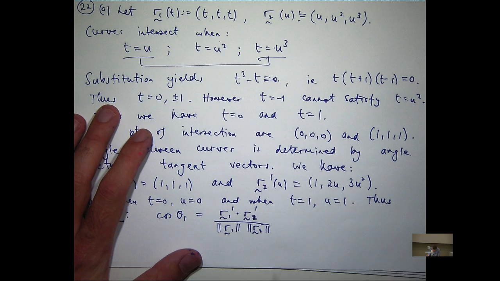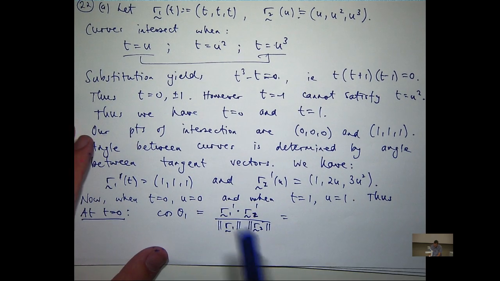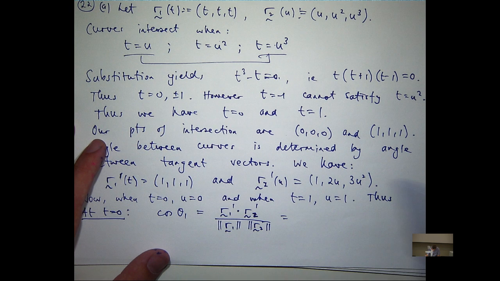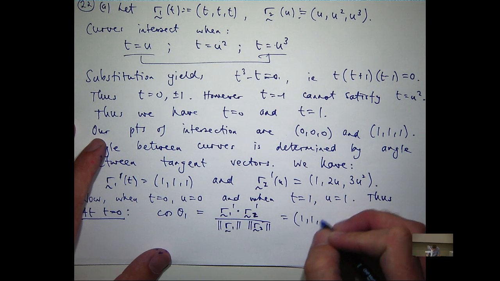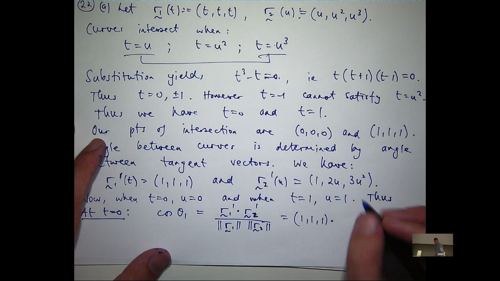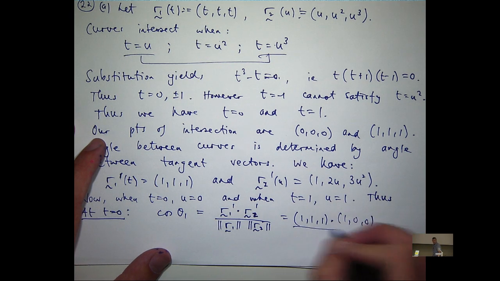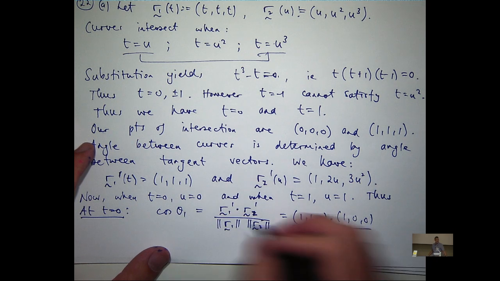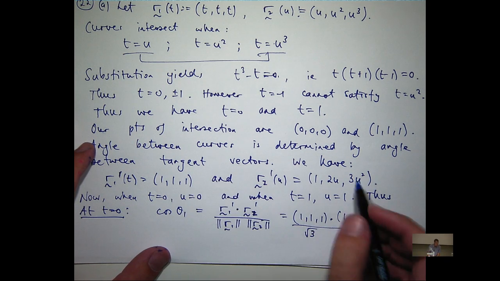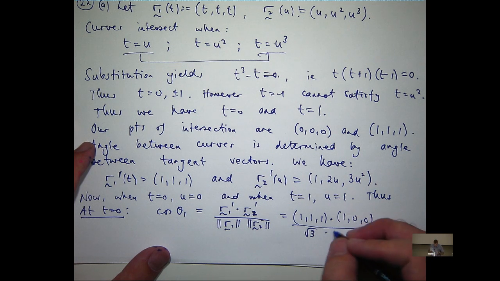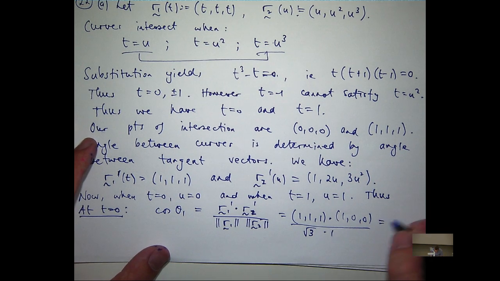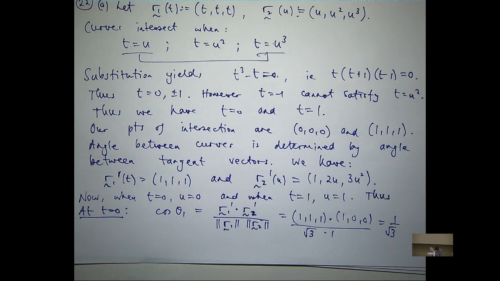So this is at r sub 2. 1, 1, 1 dotted with this at u equals 0. The length of that's going to be root 3, and the length of that's just going to be 1, right? So if I expand that, I'll get 1 on root 3. All I've got to do now is take the inverse cos. So the angle of intersection, θ1, is going to be inverse cos of 1 on root 3.